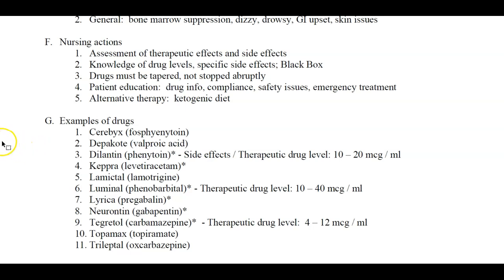Examples of drugs under this class include Dilantin or phenytoin, Luminal or phenobarbital, Lyrica or pregabalin, Neurontin or gabapentin, Tegretol or carbamazepine. Some things that you have to remember pertaining to very specific drugs. So phenytoin or Dilantin, the side effects include bone marrow suppression. It can also cause ataxia and gingival hyperplasia.